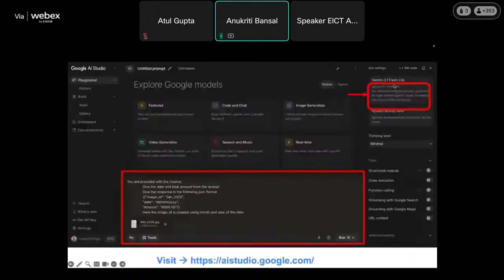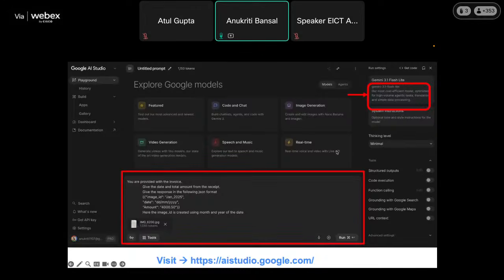So you can see Gemini 3.1 Flash-Lite. If you click here on aistudio.google.com, you will find multiple models. You can also see here it says thinking level. We have just seen that there are large thinking models as well.